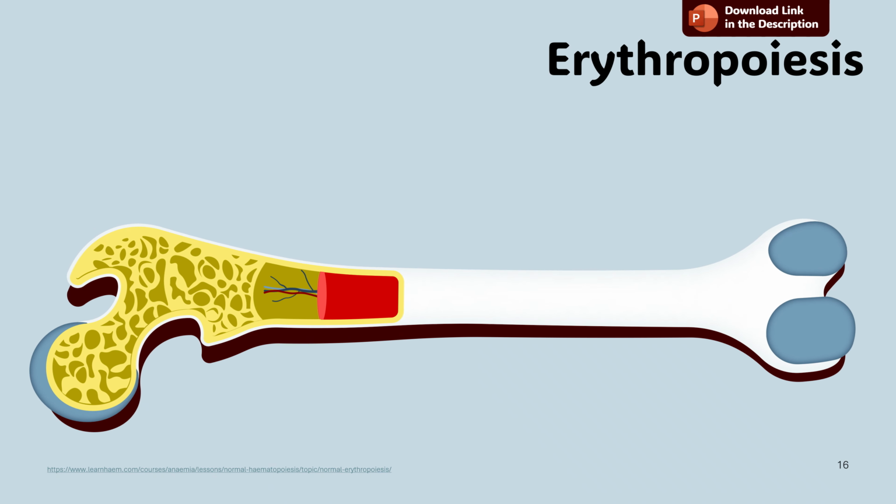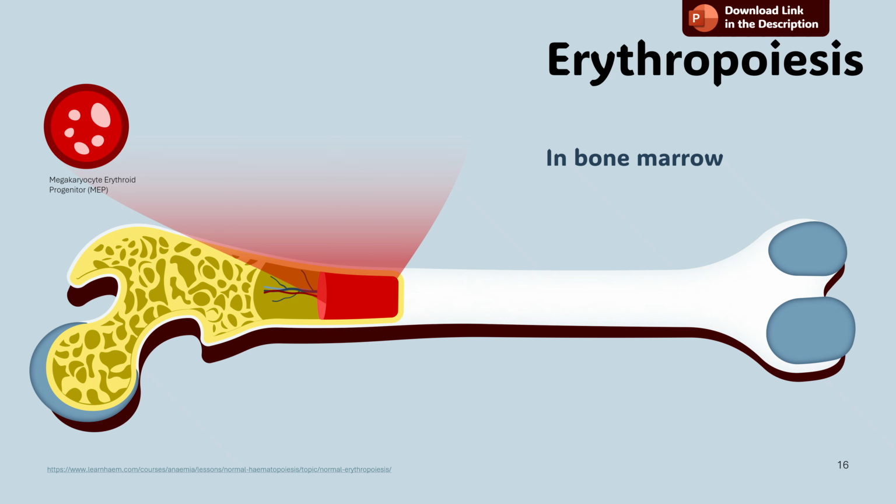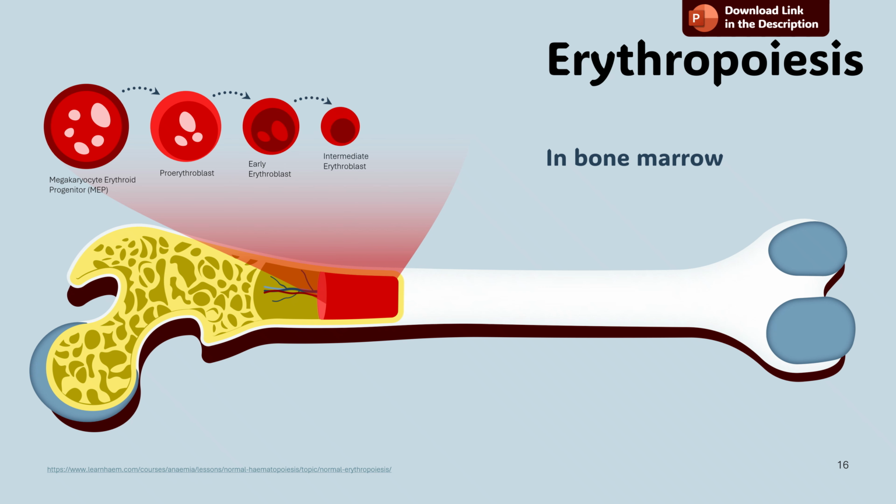Erythropoiesis involves several stages, starting with the megakaryocyte erythroid progenitor, which is the earliest identifiable precursor to red blood cells. As the process progresses, the cell undergoes several key stages: the pro-erythroblast stage, where the cell begins to specialize in red blood cell formation; the early erythroblast, where hemoglobin production begins; the intermediate erythroblast, which continues the development of hemoglobin; and the late erythroblast, where nuclear extrusion occurs.